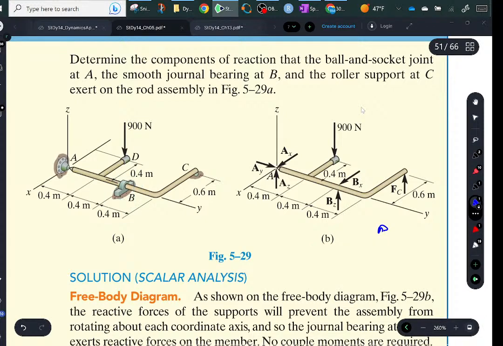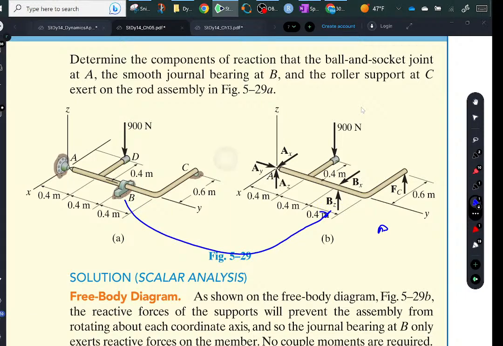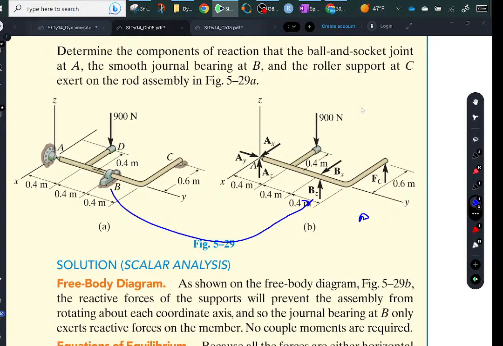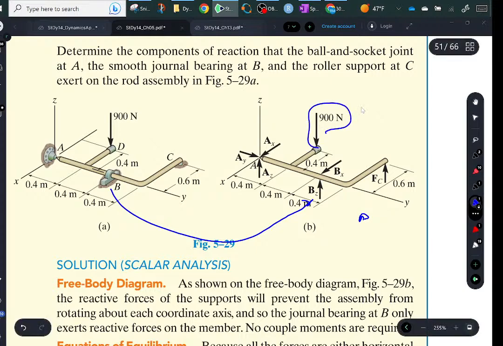He has taken this and unduly simplified it. But now that he's done that, you look at this and how could you do this? Well, some of the forces in the Z will tell you that 900 has got to be offset by this and this and this put together. Now, you can do something like this. If you sum the moments about this, you realize none of these produce moments. And you'll realize this is 0.4 and this is 0.6 out.